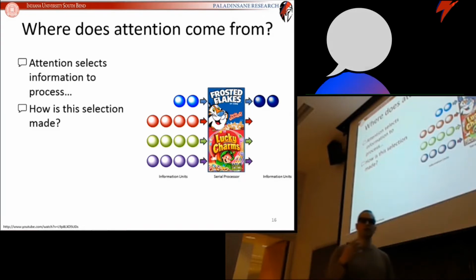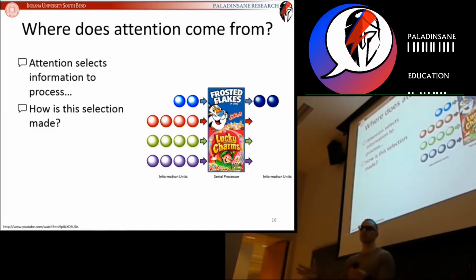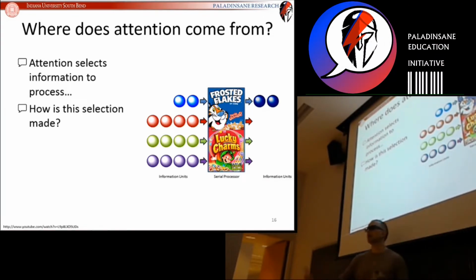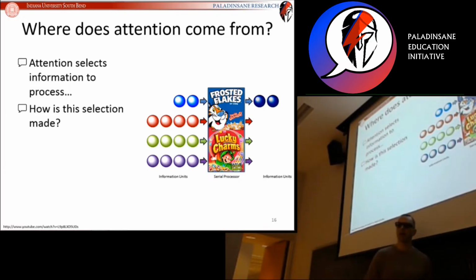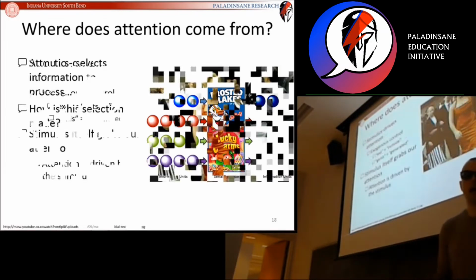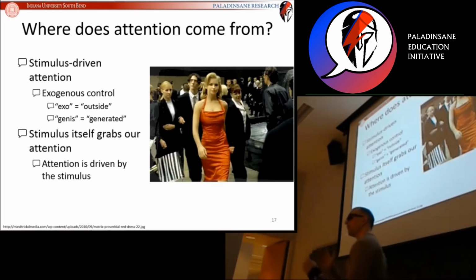So part of the attentional process is selecting information to process, right? It's selecting what information you're going to attend to, what information you're going to spend your processing power analyzing. And as we saw last time, there are two major ways that you select the stimulus that you're going to look at.